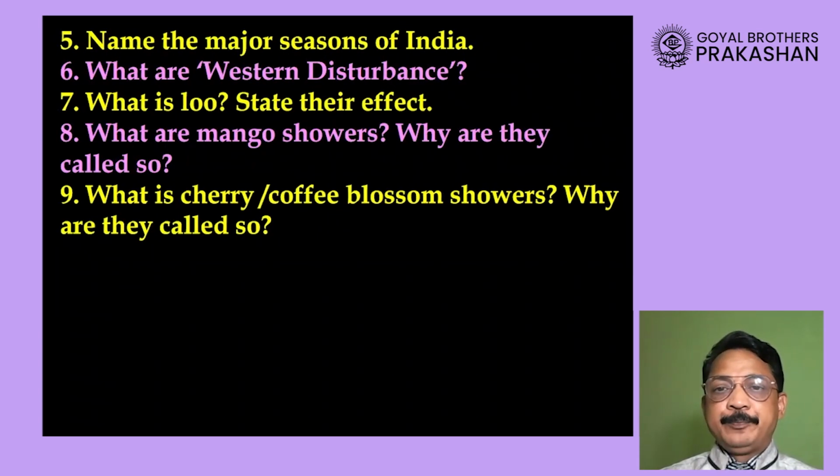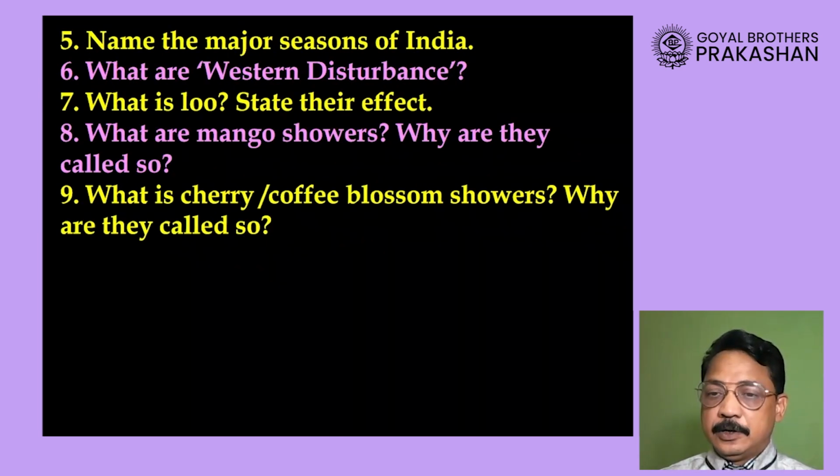Please remember cherry blossom, coffee blossom or mango shower all are pre-monsoon winds. That means these are the winds that come to India before the actual rainy season, that is in the month of April and May. They are light rain.